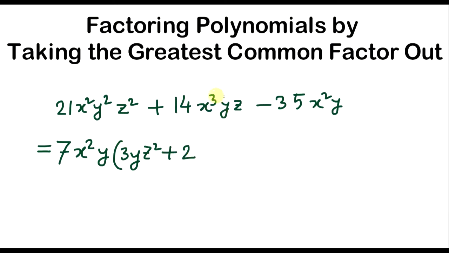You have x cubed here, x squared here, so 1x is left. Y here and here also y cancelled, and we have z here, z will remain. 35 divided by 7 will be 5. X squared will be cancelled. We have y here, here also there is nothing left.